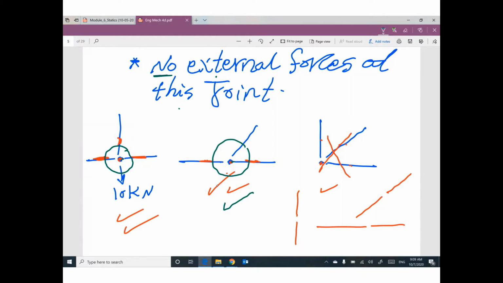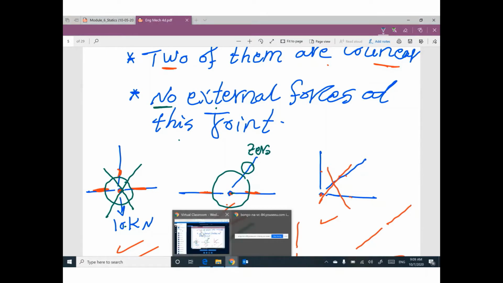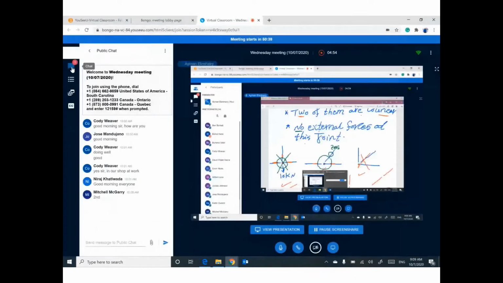This joint will not work anymore. So, final decision, the third member is a zero force member. This member has 0 internal force without calculation. Any question, guys, so far?